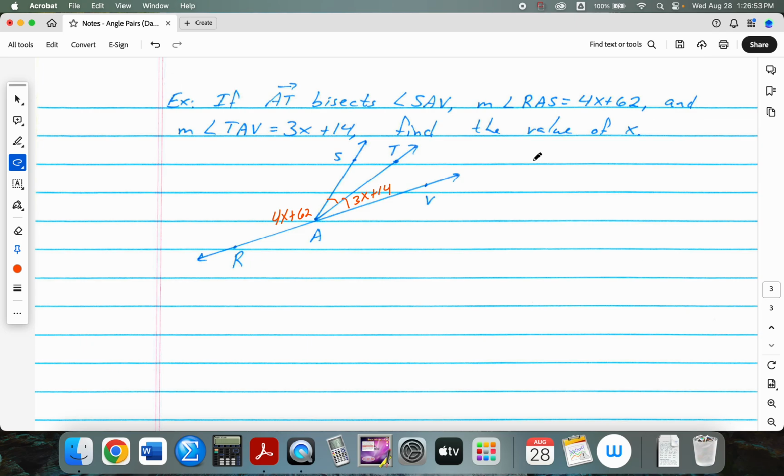So you're like, well, what am I supposed to do? Well, if these two angles are congruent, their measures are the same. So if the measure of this is 3x plus 14, that's also the measure of this one.